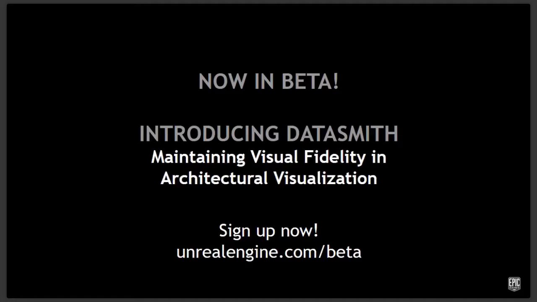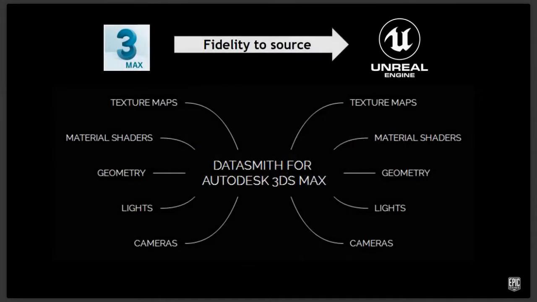The response has been overwhelming, so please be patient as we fulfill all of the beta requests that we have gotten in. Here's a quick example of how the Datasmith plugin actually works. This time using 3ds Max for the example. You can see that texture maps, material shaders, geometry, lighting, and cameras all going through the Datasmith plugin come directly into the Unreal Engine with little or no manipulation or loss.